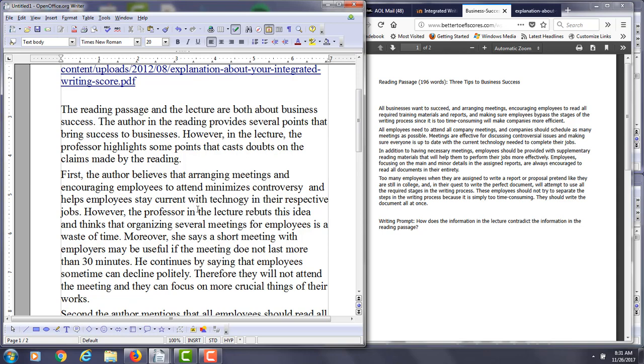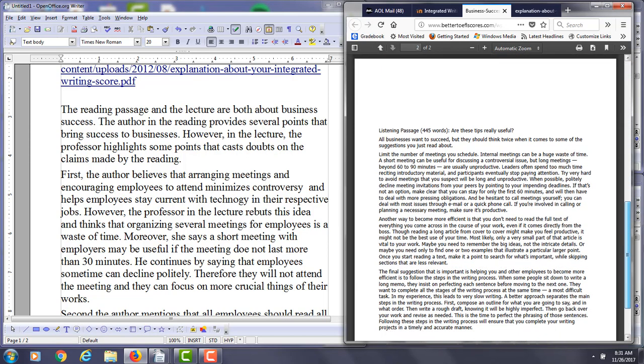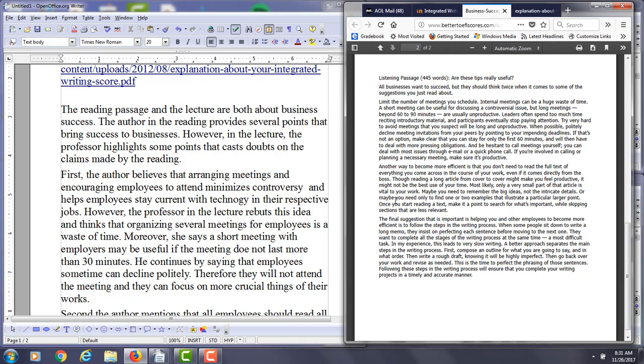You could say either one, and thinks that organizing several meetings for employees, and let's double check here. So it's saying that limit the number of meetings, right? So organizing is a waste of time.